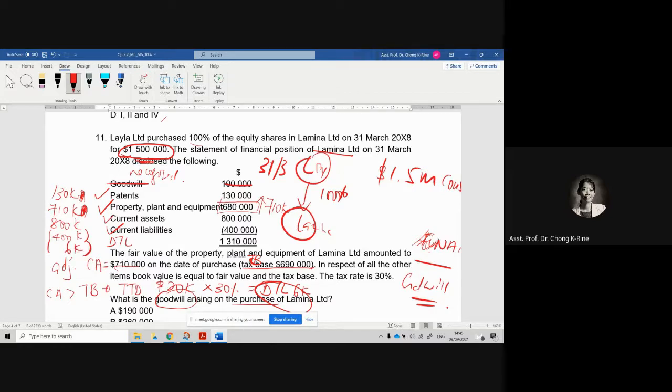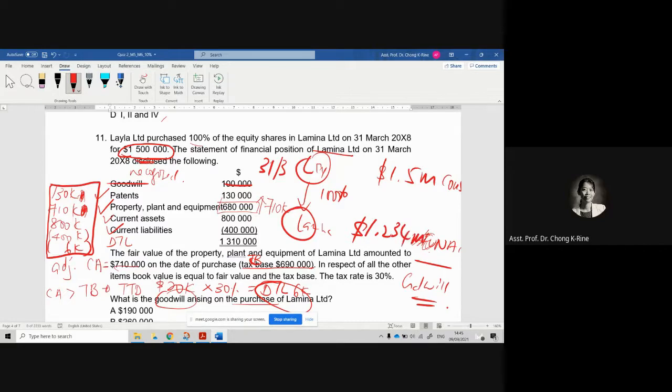Okay, so you try to sum them up. It is equal to 130 plus 710 plus 800 minus 400 minus 6. It is equal to 1,234, right? If you sum this up, we have identified all this as our net asset minus liability, reflected at fair value, and therefore our fair value of identifiable net asset is 1.234 million.